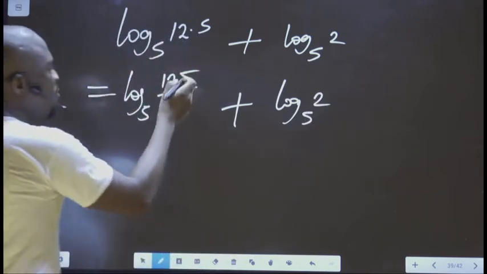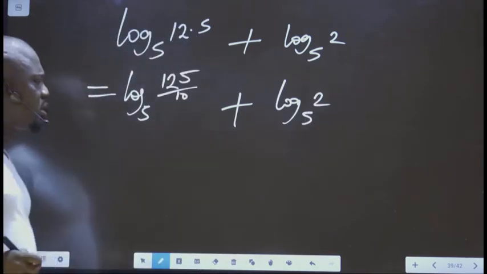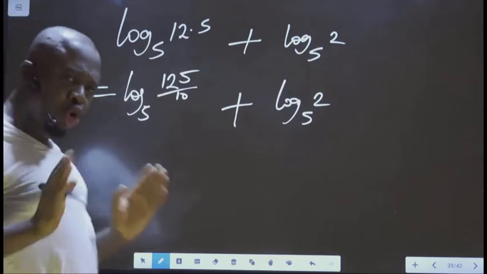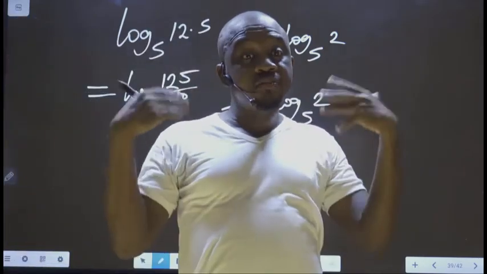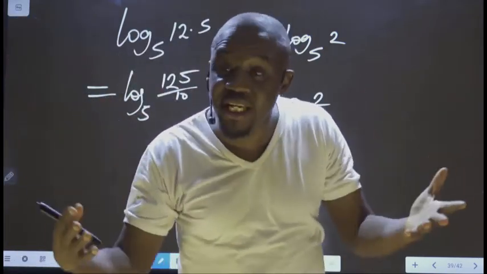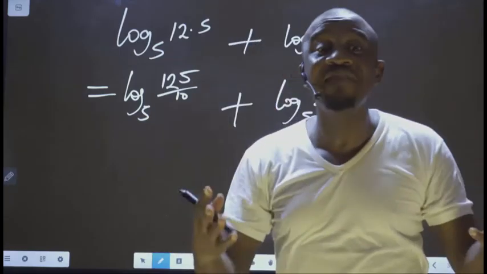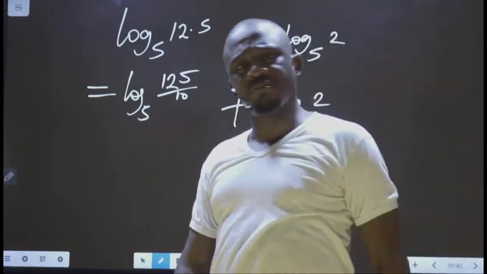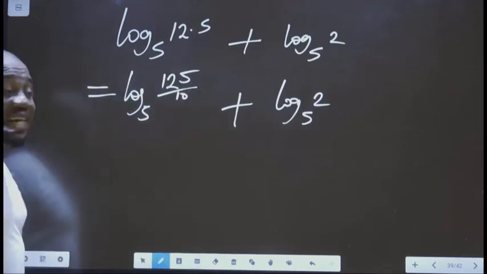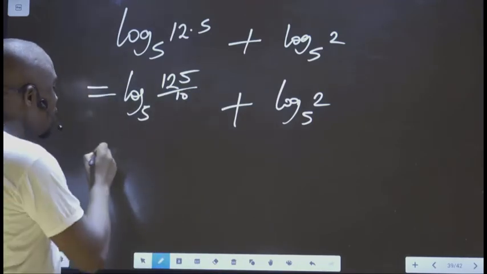Because of this division, 2 is carrying these guys. Assume there is enmity. Just put that one at the back of your mind. There's enmity between 125 and 10. They are fighting. Because they are fighting, you need to separate them. How do you separate them?